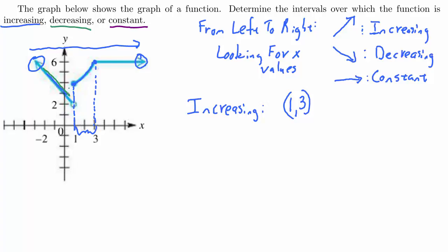So the left side over here is actually the decreasing. Again, we want to look at the x values, but what we should notice is that this arrow here means we're actually going this way and this way and this way, but don't be confused to think that that's increasing. Remember to go left to right. That's actually going down from left to right.